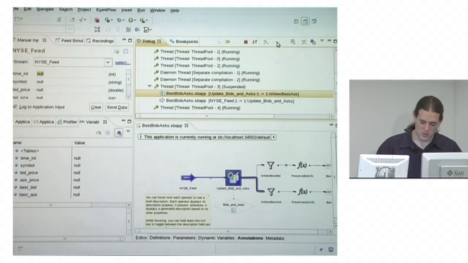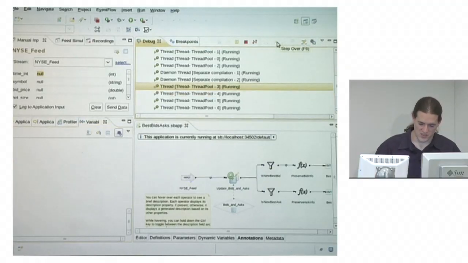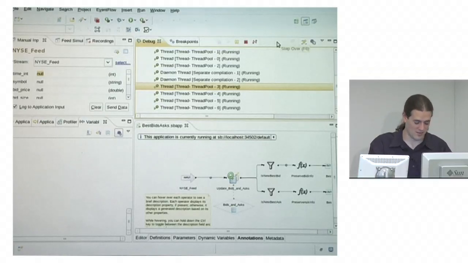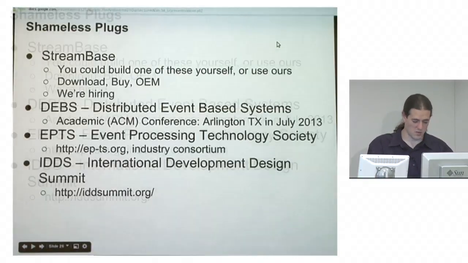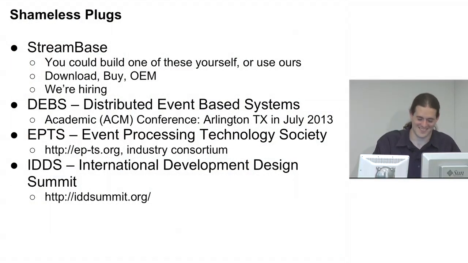So that's the recurring theme in all of this: enriching your environment while you program makes the whole process a lot better. Wow, I might be the only person to finish with time to spare.